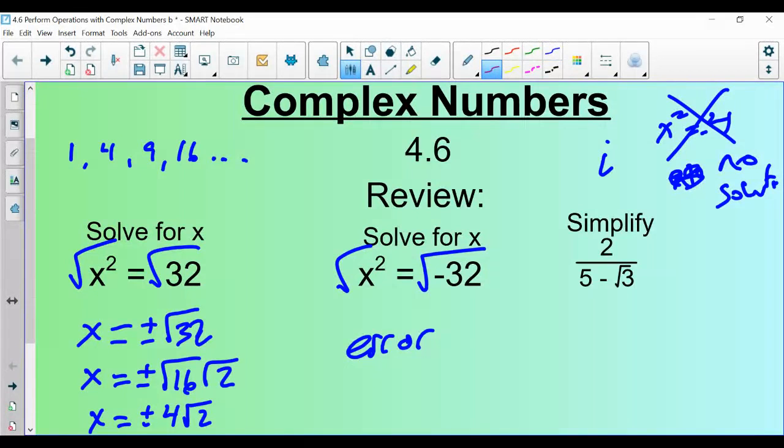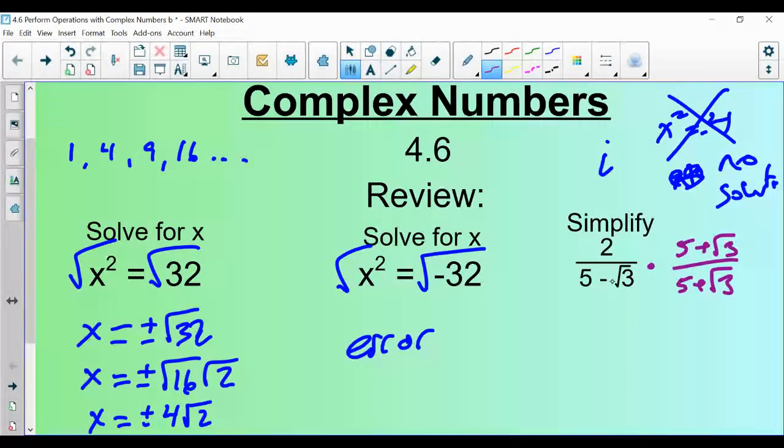And then the last thing that I want to talk to you guys about, this is still review, is that when we have a root in our denominator, like this binomial with a root in our denominator, the way that we fix this is we multiply by 1, but it didn't look like 1. If you remember, it was the conjugate of the denominator. And conjugate simply means switch the sign in the middle.